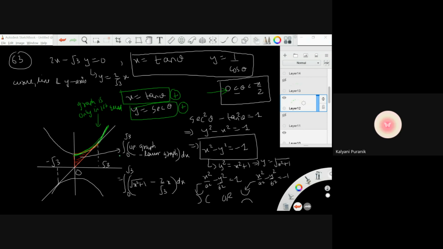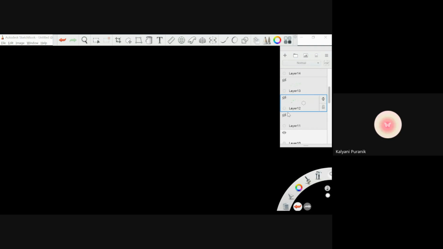Tan 2 theta will be 2 tan theta upon 1 plus tan square theta. Beta, you should remember the formula, otherwise you will be in trouble, okay?